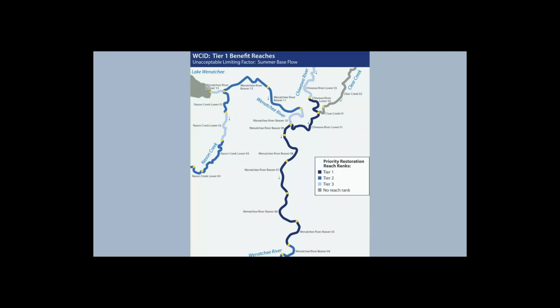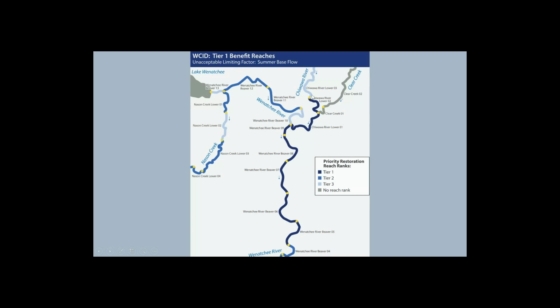So first, I just wanted to orient you to the area where we're working in relation to the priority reaches in the prioritization strategy. Here's Lake Wenatchee off to the left. Nason Creek comes into the Wenatchee River. The Wenatchee River flows east, and that's where the Chihuahua River comes in.